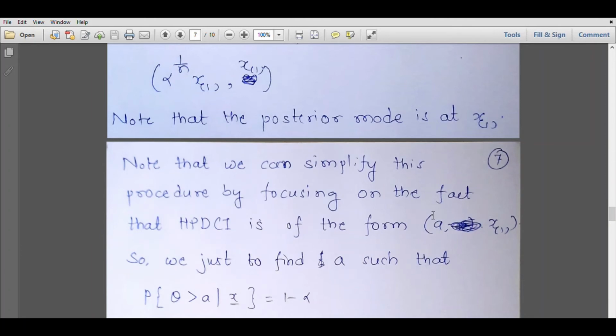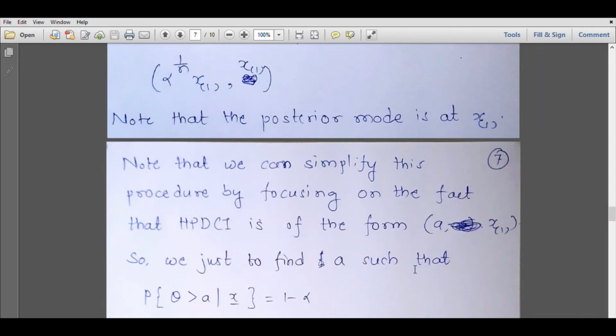So how do we conclude that the interval should be of this form? That is because we have an increasing function of theta as the posterior PDF of theta. So automatically when you compute the HPDCI, you would be ending up with an interval of this type.